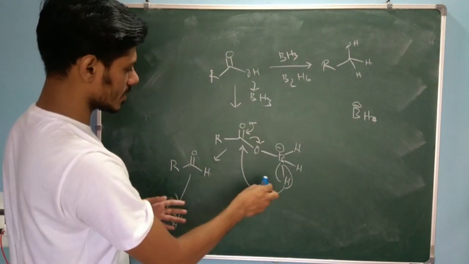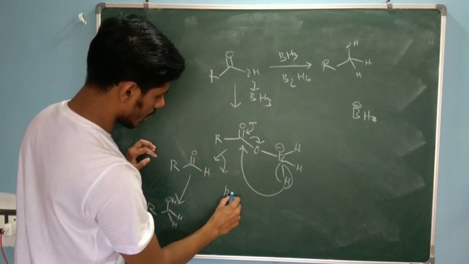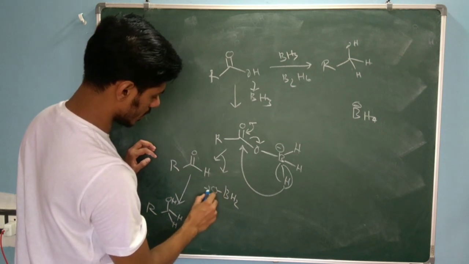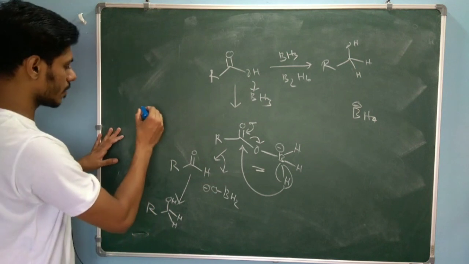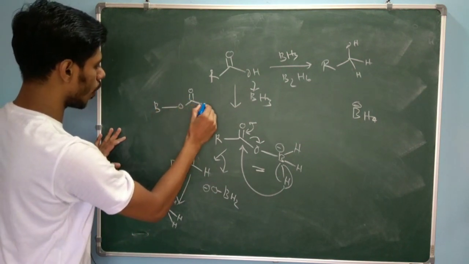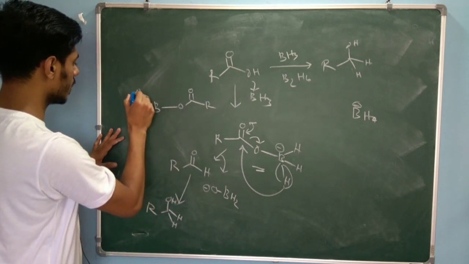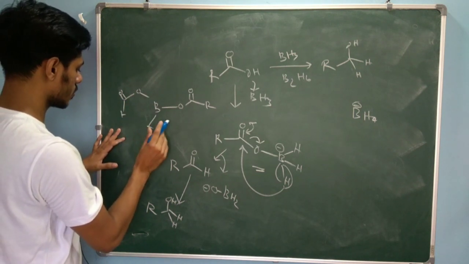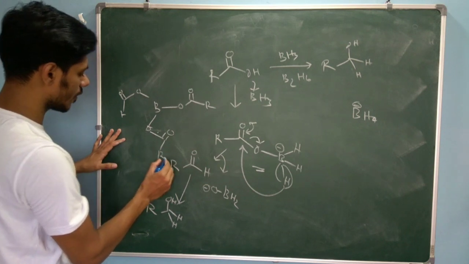So in this case you can see in this step what we are getting, this BH2O minus, this is also we are getting, and not only this complex, but in some cases you can also get this kind of complex where all the three hydrogens are replaced by the three carboxylic acids, sorry, like this, and these are very much reactive.